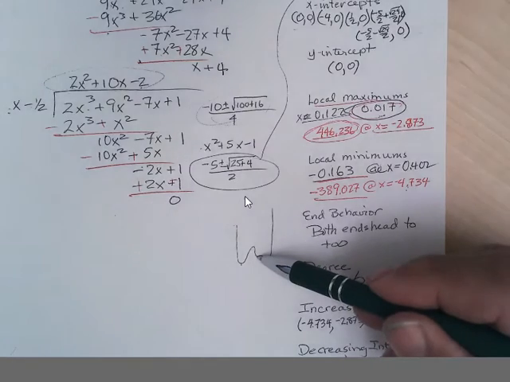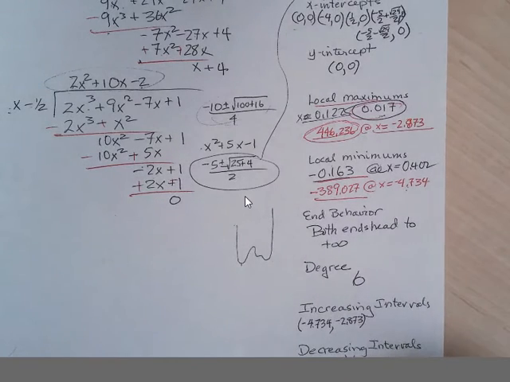Then it decreased to 0. So from negative 2.873 to 0, it decreased.